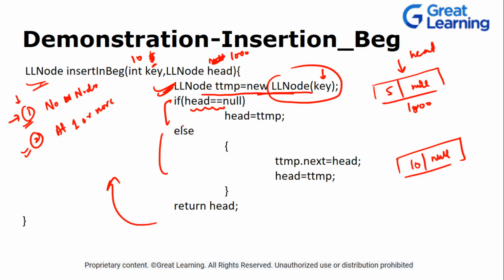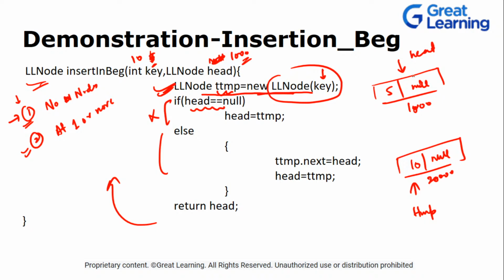Now this time around, head is not null, it is 1000. So this if block will not be executed. Now what about this else part? Here we have temp, the temporary node, and let's suppose here you have 2000 as the address.